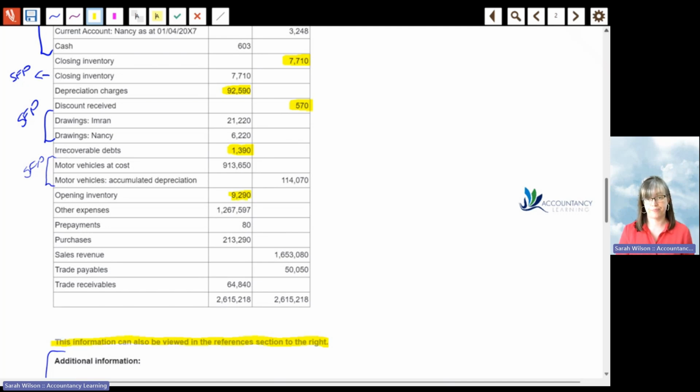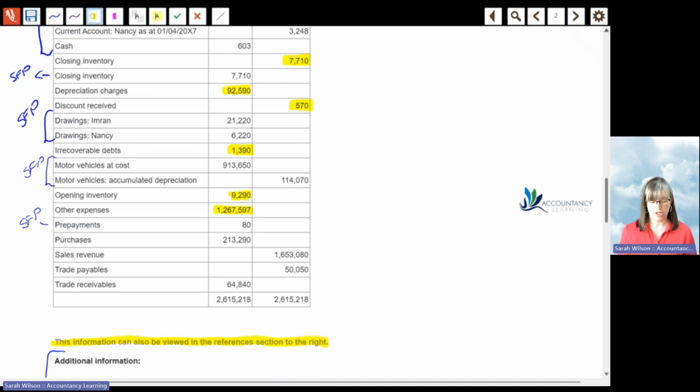formula that we use. Next, we have other expenses. So that's an expense to the business, so that's going to affect our statement of profit or loss. Now, prepayments is on our statement of financial position. That doesn't affect our income or our expenses. That sits as part of an asset.